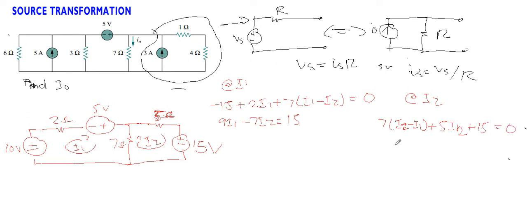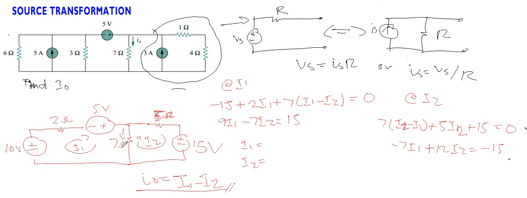Simplify natin, we have negative 7I1 plus 12I2 is equal to negative 15. So, now, we have two unknowns. Kung titignan natin dito yung current natin, ang IO natin dito, class, is I1 minus I2. Kasi ito, same direction, positive. Ito is opposite, so we have negative. The reason na naging ganyan.